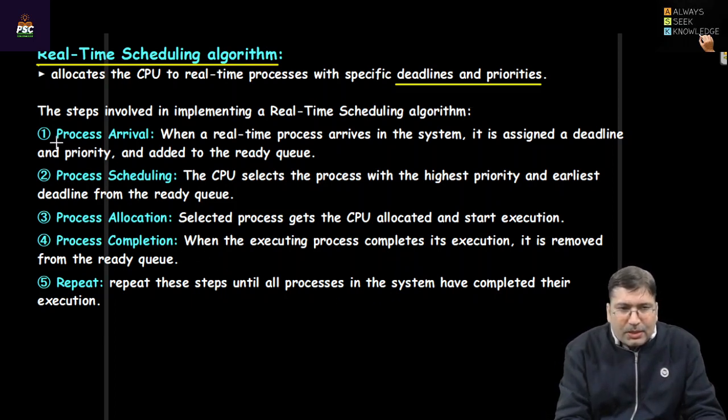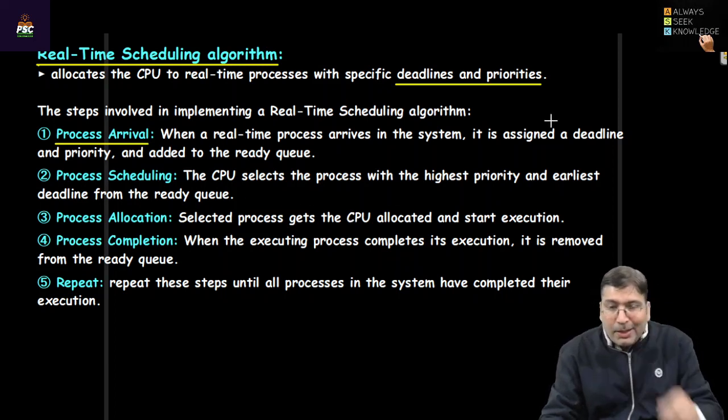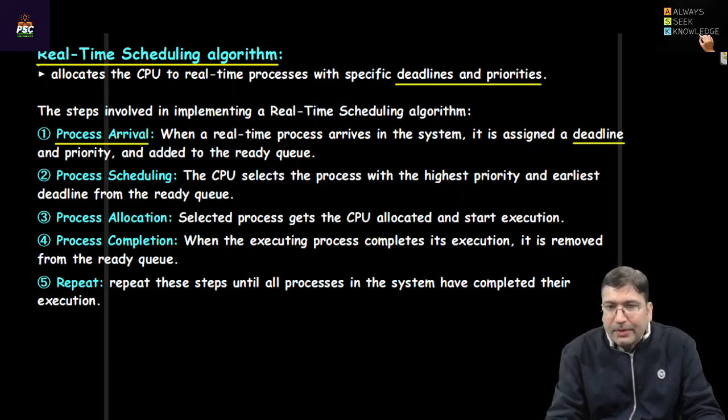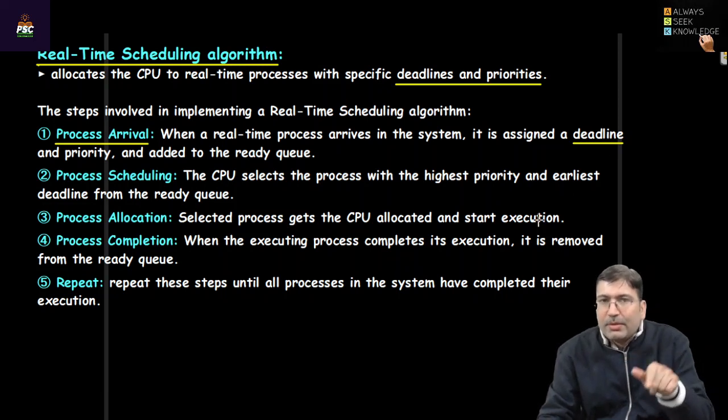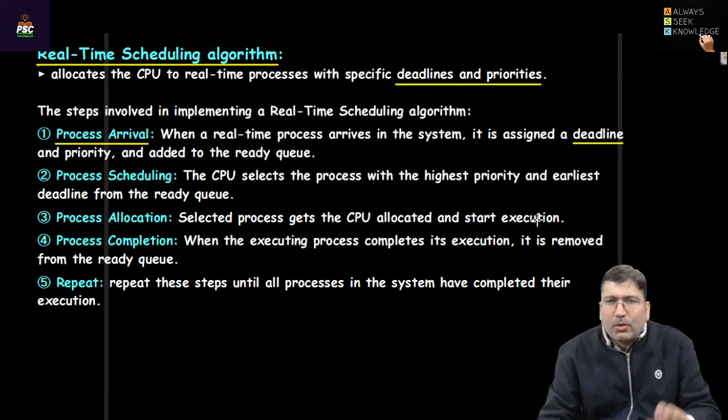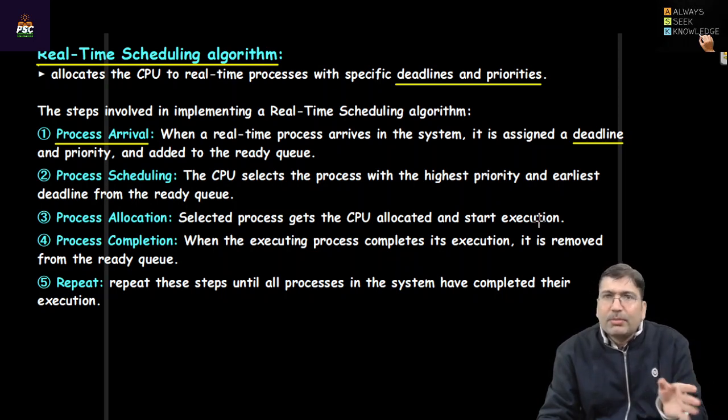Now the steps are: when the process arrives, it will arrive with some priority and deadline. This is one of the extra parameters in real-time systems. In a normal system, a process arrives and may have a priority, but it doesn't have a deadline. But in a real-time system, a deadline is a must.